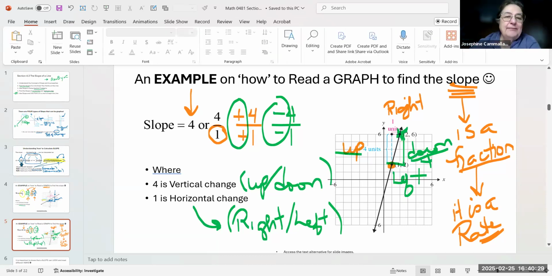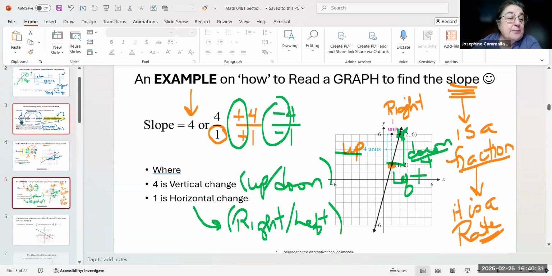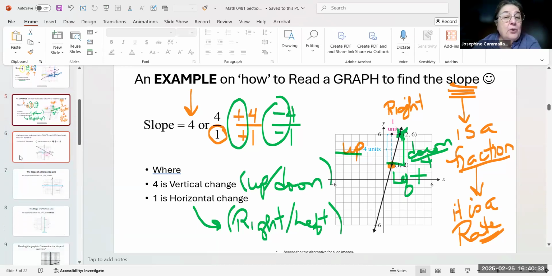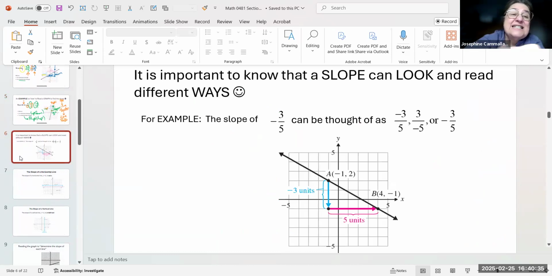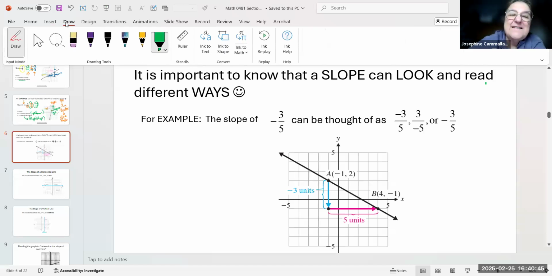And here's one that's going to show you something. Okay. The important ways to know that a slope can look and read differently. This is my slope. Do you see I have a negative with it? Okay.